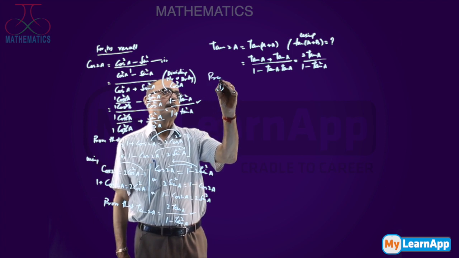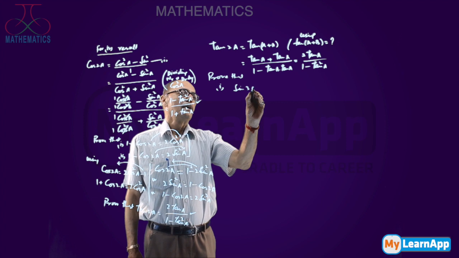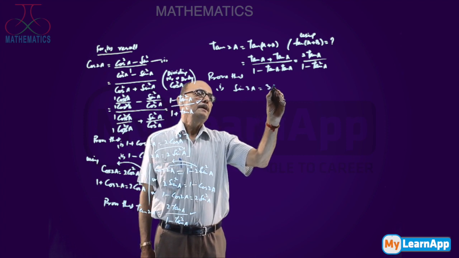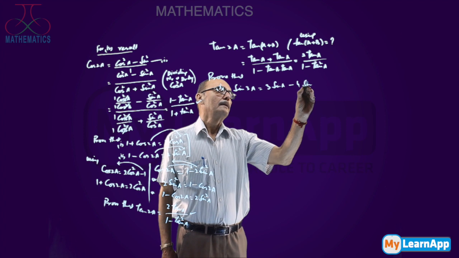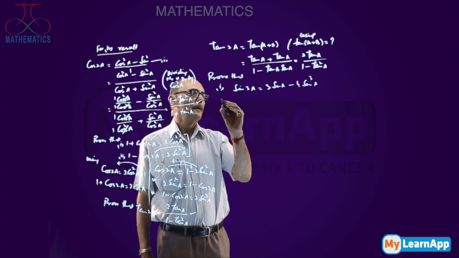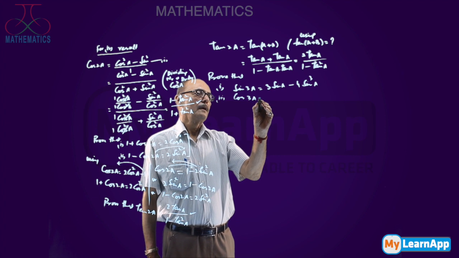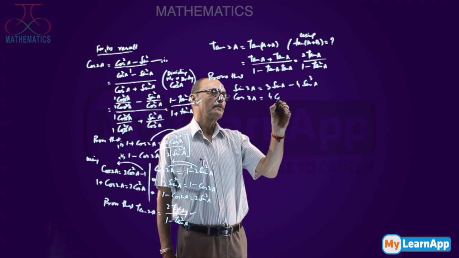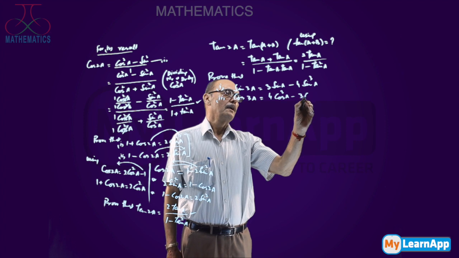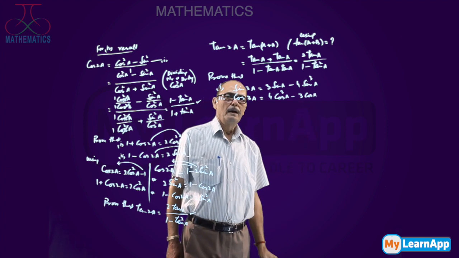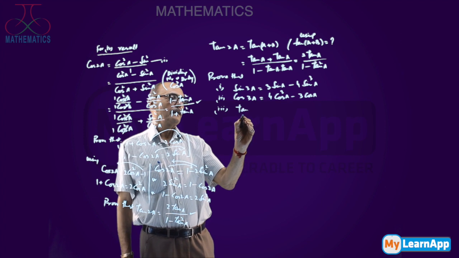Prove that sin 3A equals 3 sin A minus 4 sin cube A. Second formula is cos of 3A equals 4 cos cube A minus 3 cos of A. And then we have third formula, tan of 3A.